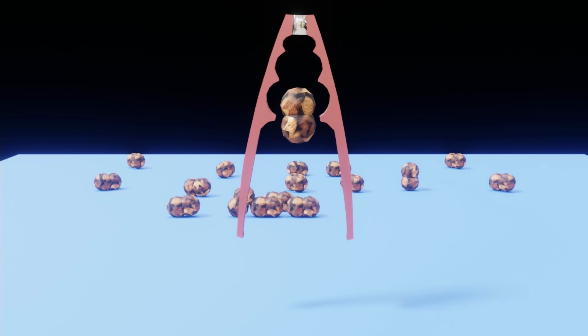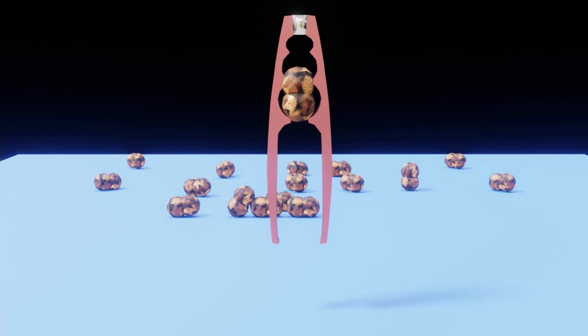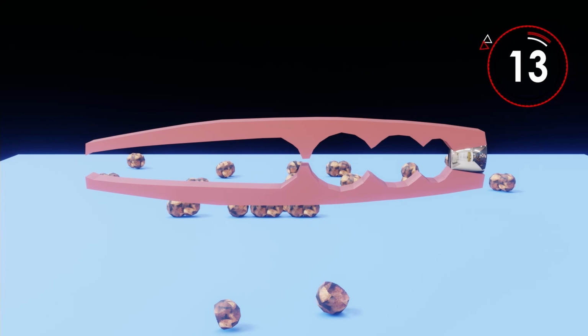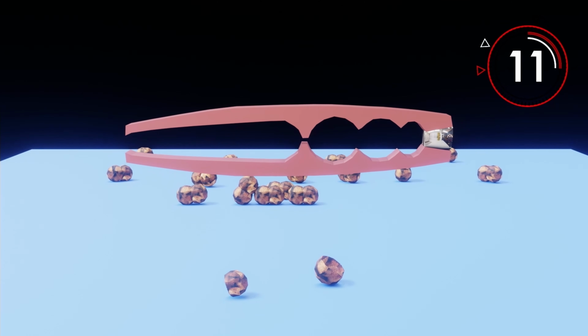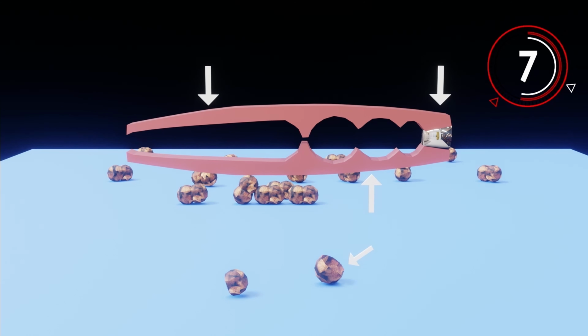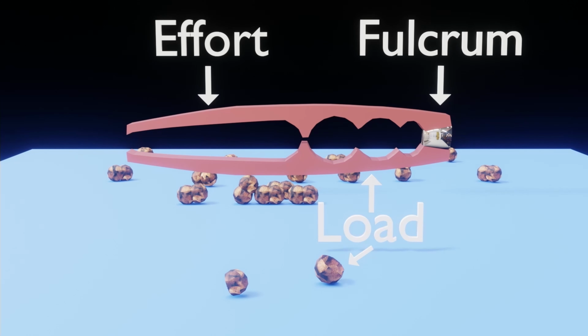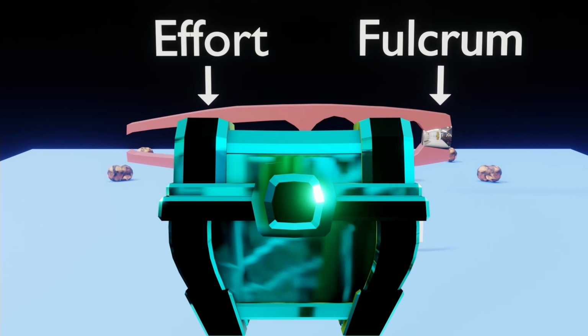This is a nutcracker. Effort, fulcrum, load. Fantastic!